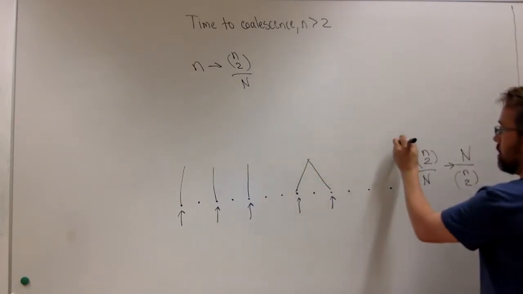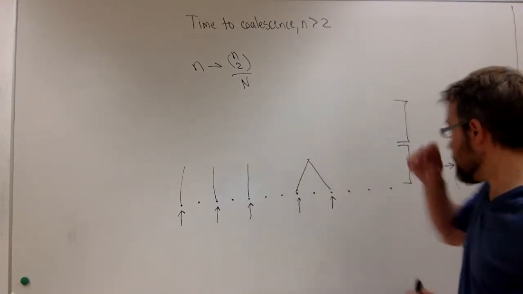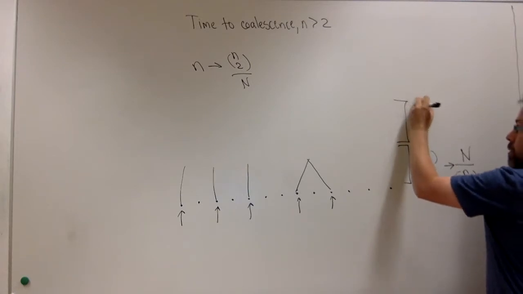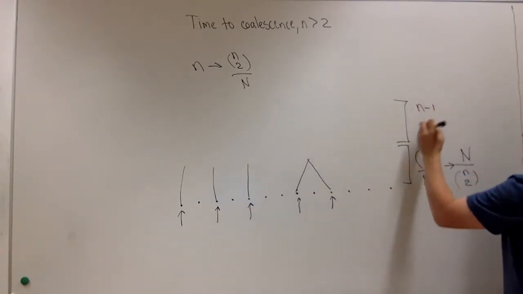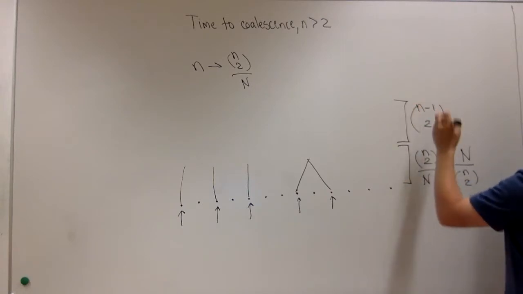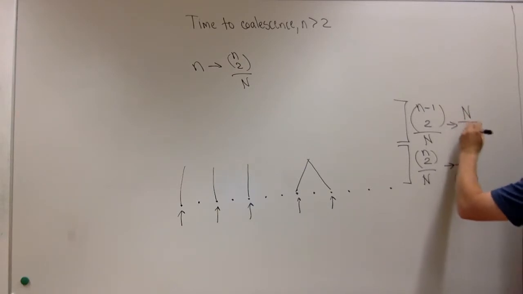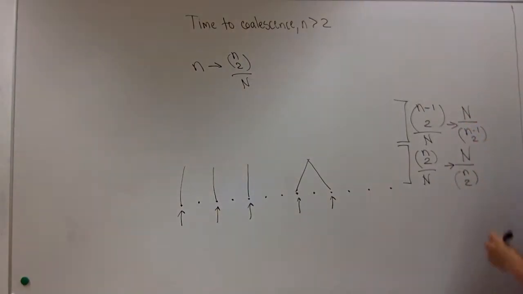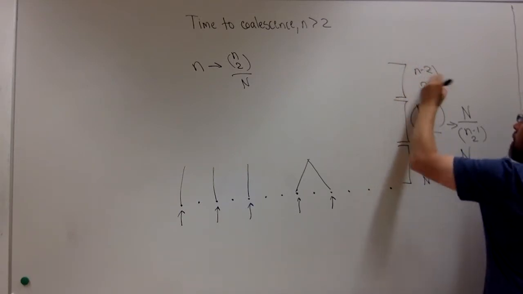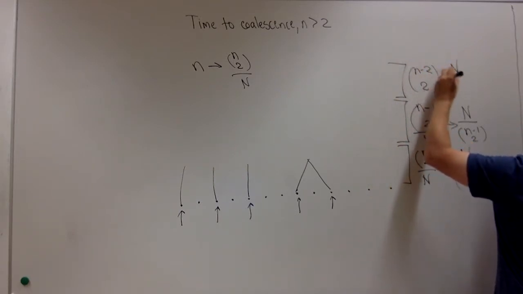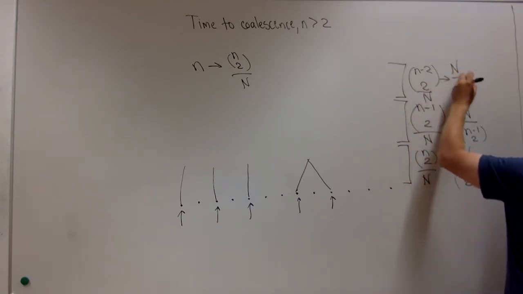So in this preceding generation we're going to also have a coalescent process, but now instead of n choose 2, it's n minus 1 choose 2, again divided by n. So our waiting time we expect to be n divided by n minus 1 choose 2. And then on our previous generation we expect to have this rate, and so this average waiting time.